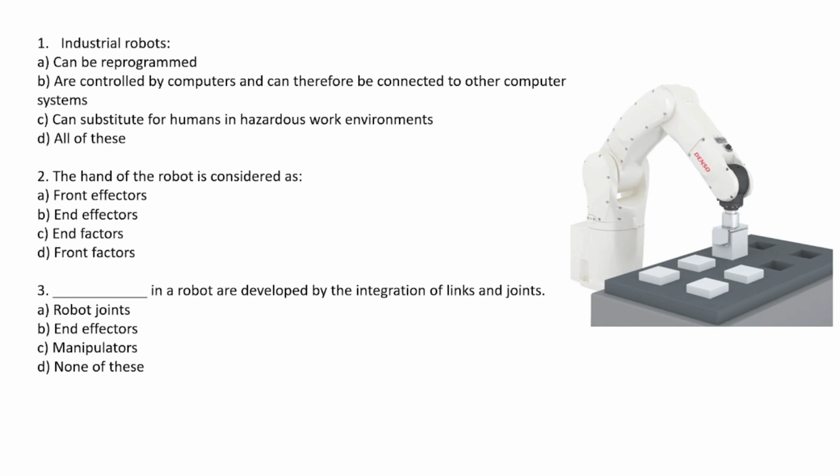They are equipped with specialized tools, sensors and software, which allow them to carry out repetitive, precise and dangerous tasks where, as we have seen, robots can substitute for humans in hazardous work environments. With high accuracy and efficiency they can carry out the work. Here, the industrial robot option given is that it can be reprogrammed.